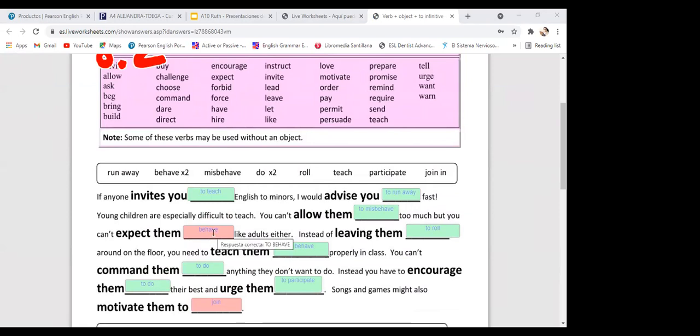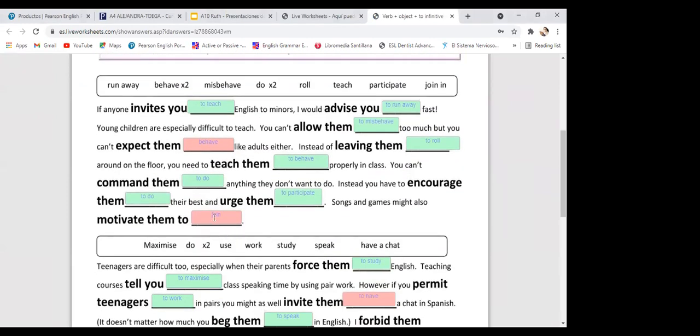It was not behave, it was to behave. Oh, okay. Here you have to use the infinitive. Expect them to behave like adults. I forgot to type to in that one. Mm-hmm. And this one, to join, also infinitive. Actually, all of them were infinitive, right?